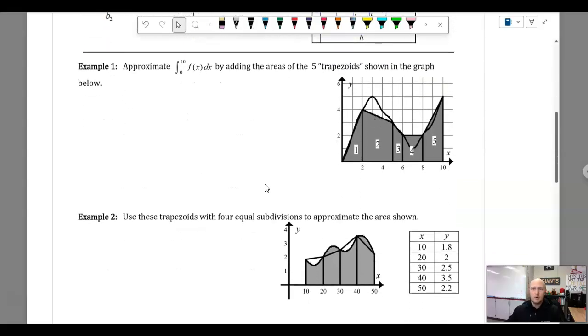Here is example 1. They say approximate the integral from 0 to 10 of f of x dx by adding the areas of the 5 trapezoids, and we can see these 5 trapezoids shown in the graph below.